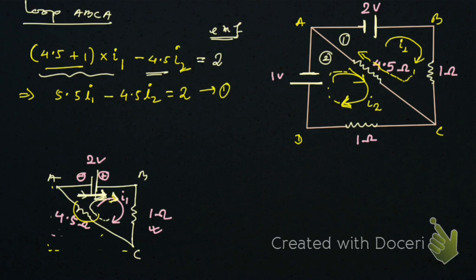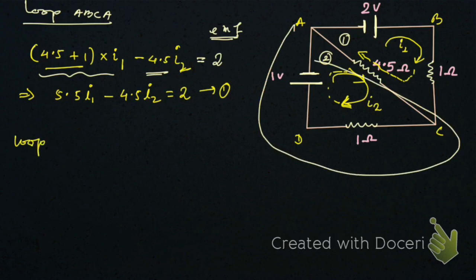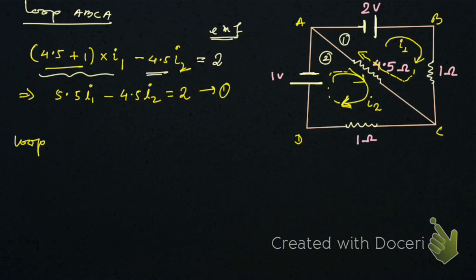Now let us take the mesh 2, or loop ADCA. Let me take that loop, or ACDA.